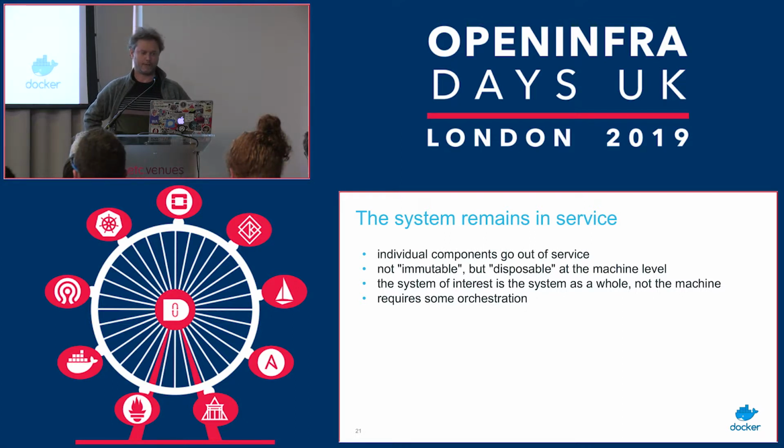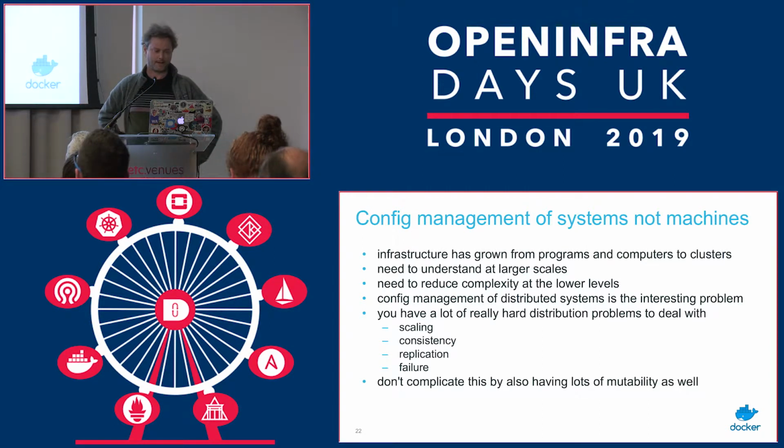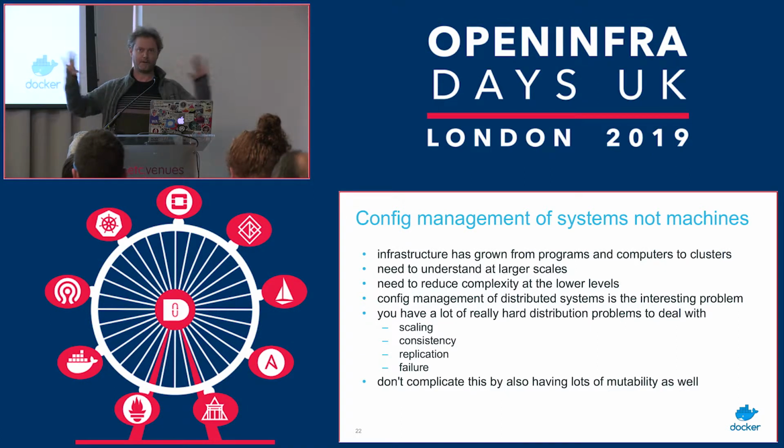And you're really interested in the system as a whole and not the individual machine, and you have some sort of orchestration layer that, in a simple sense, manages this. And then you can think about this as config management of whole systems and not caring so much about the individual machine components.